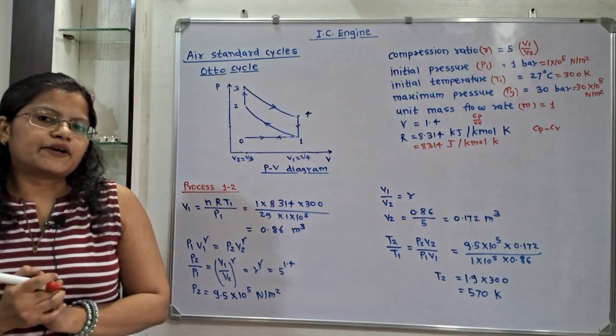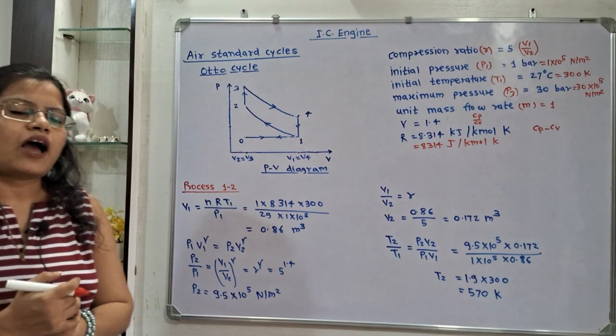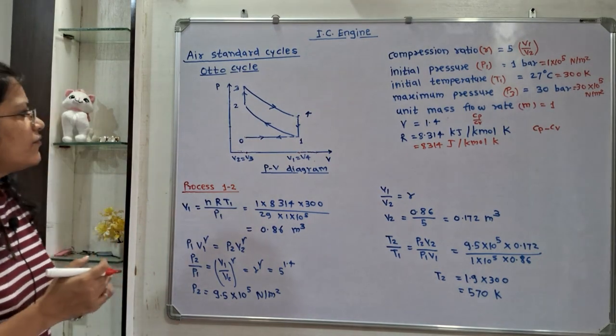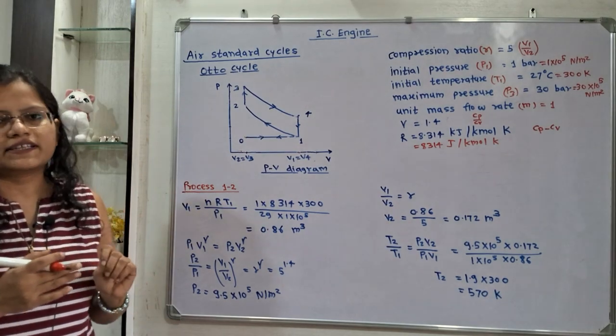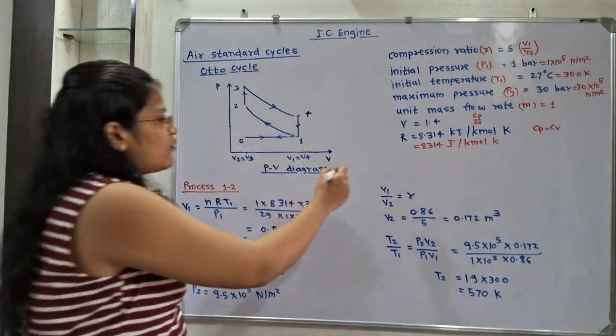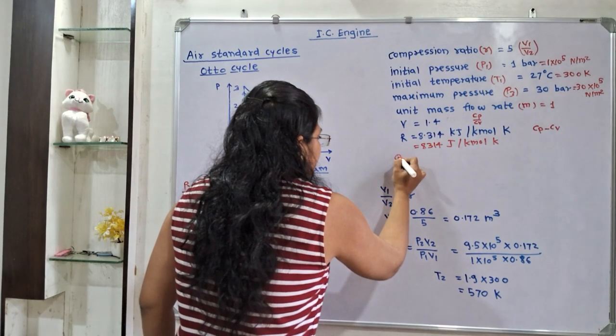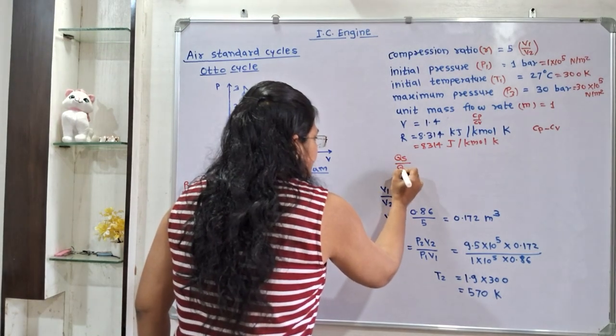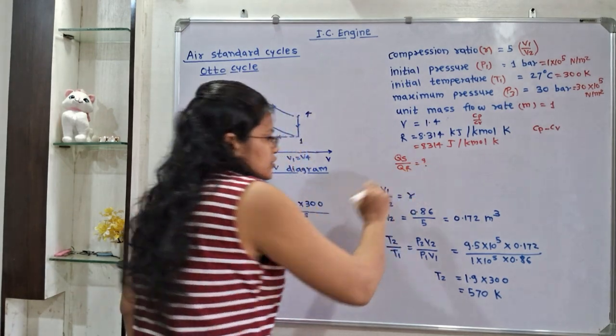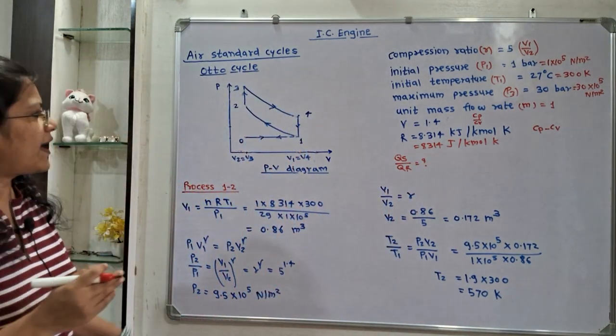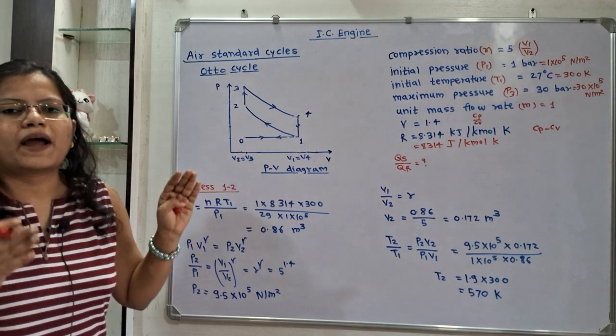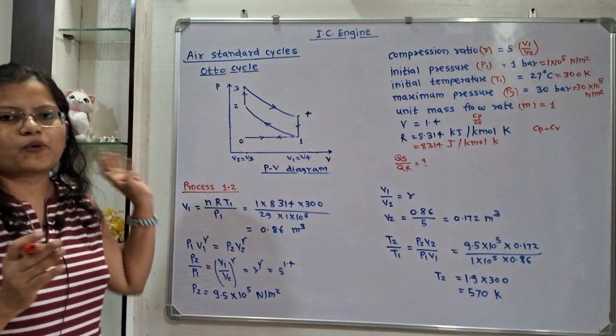So this is the given data, and we have to find out the ratio of the heat supplied to the heat rejected, that means Qs divided by Qr. We also have to find out pressure, volume and temperature at all these points.